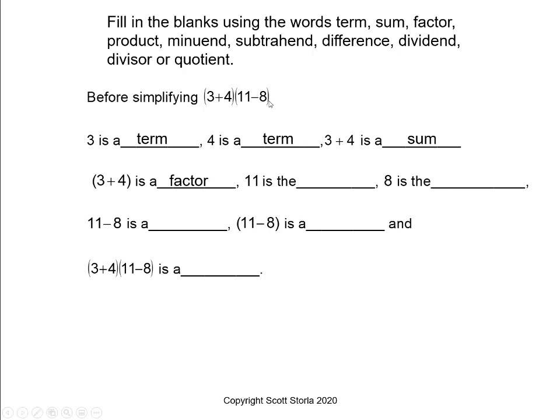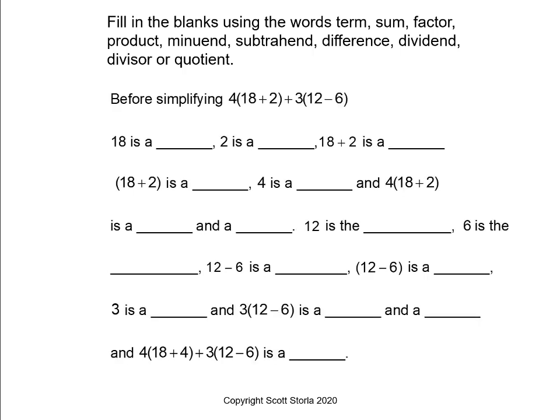In the second set of parentheses, the 11 is the minuend, the 8 is the subtrahend, the 11 minus 8 is a difference, but once again, if we put parentheses around that difference, we have a second factor. By order of operations, we would add and subtract and then multiply last, and that makes the entire expression a product.